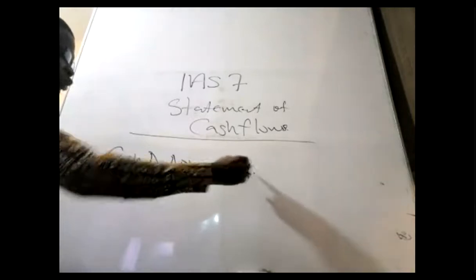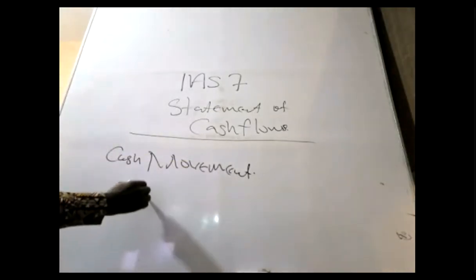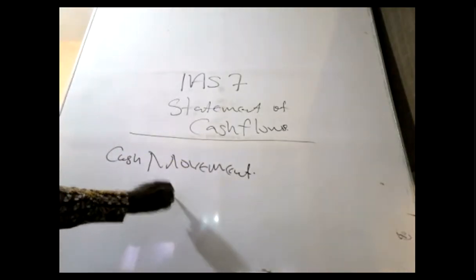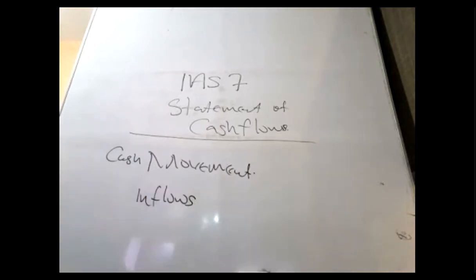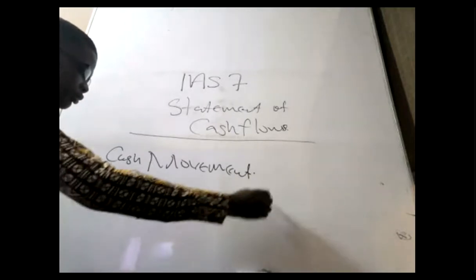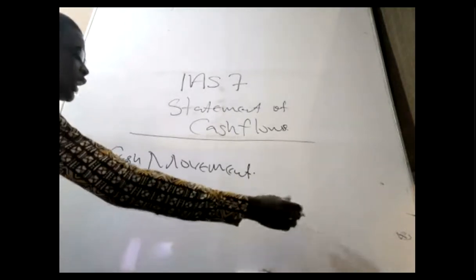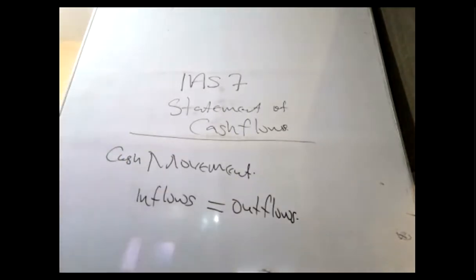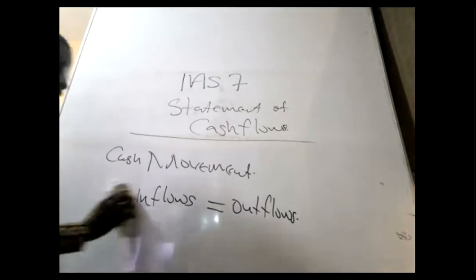When you talk about cash movement, that's inflows versus what? Outflows. That is all. Now, why do you prepare a statement of cash flow? That's the concept behind the statement of cash flow that I want to look at.